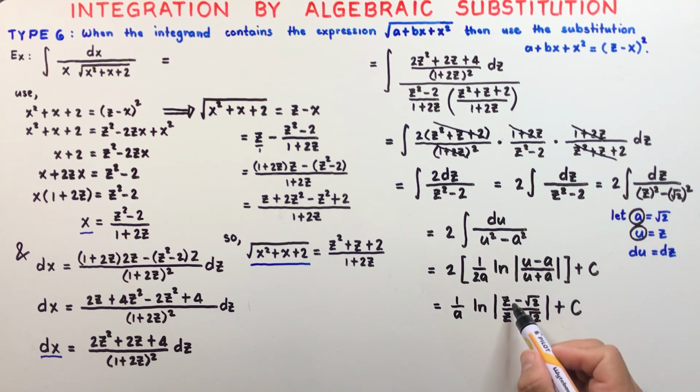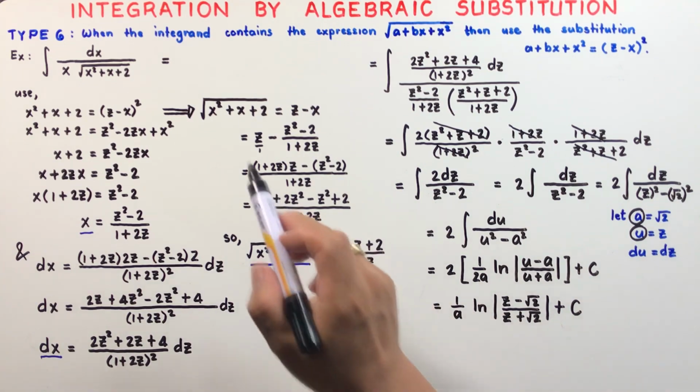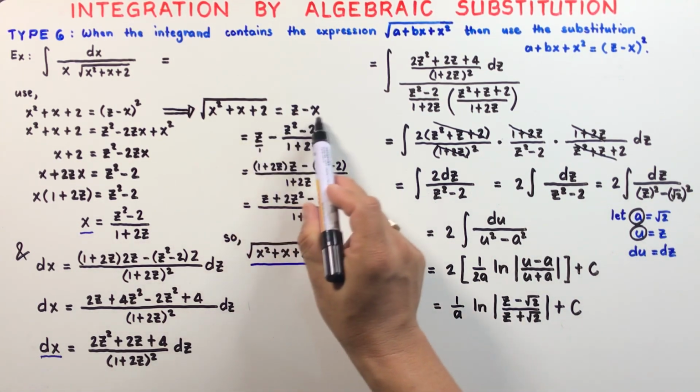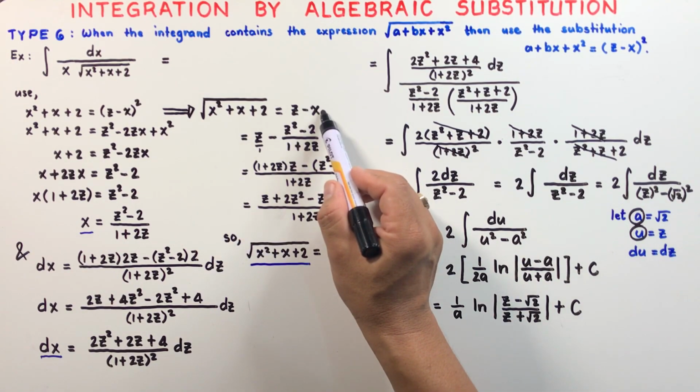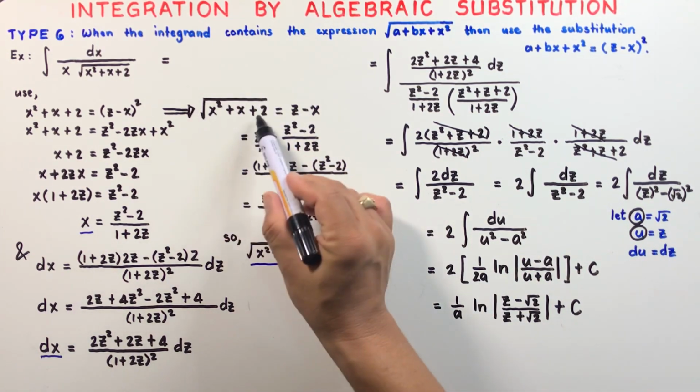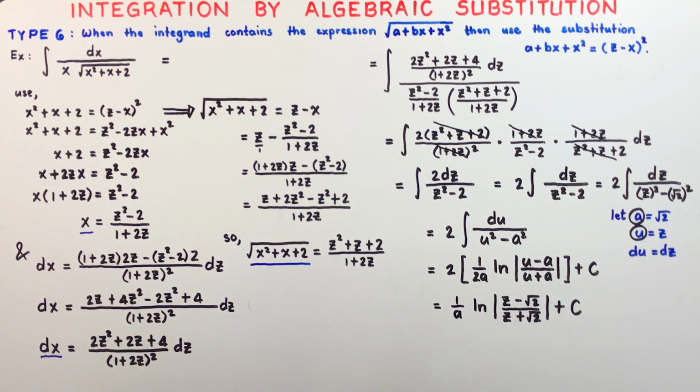And expressing the z back to our original representation of z, which is obtained from this equation when you add both sides of the equation by x. So our z is this square root plus x there. So we have 1 over square root of 2 times the natural log of our z, which is the square root of x squared plus x plus 2 plus x minus the square root of 2.